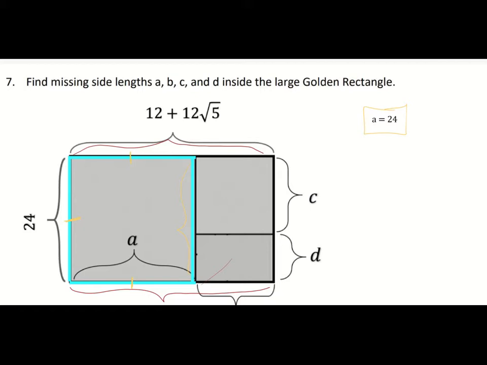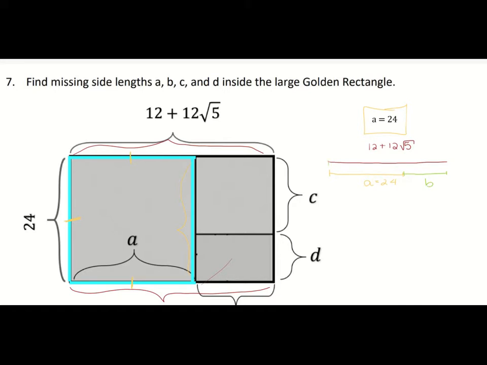The top of the rectangle is 12 plus 12 root 5. The bottom of the rectangle is made up of a measurement of A, which we now know is a length of 24, and another length that we have called B, but we don't know how long it is.